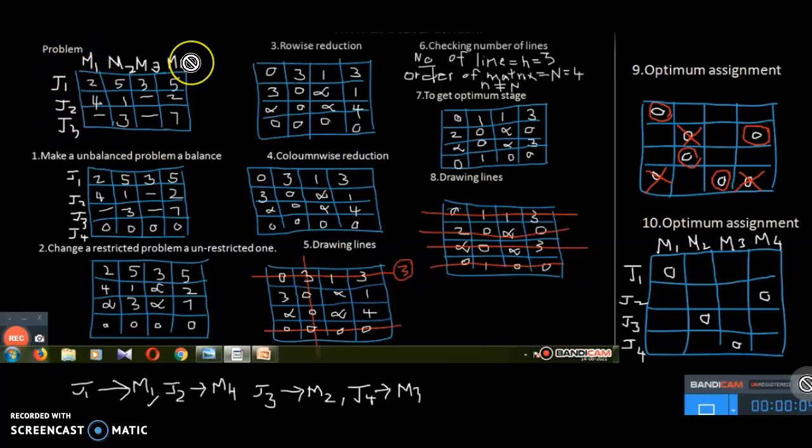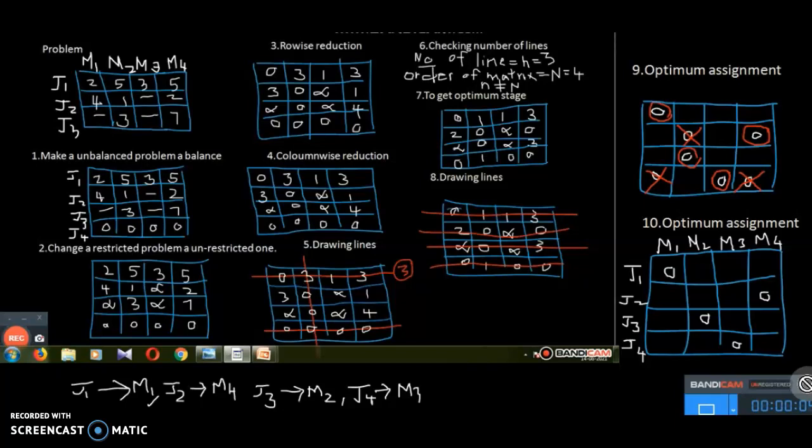If J2 is assigned to the last machine, 2 rupees only is needed, and if J3 is assigned to M2, 3 rupees. So 2 plus 2 is 4, 4 plus 3 is 7, plus 0. So 7 rupees is the optimum assignment cost. So we cannot find an assignment cost less than this.